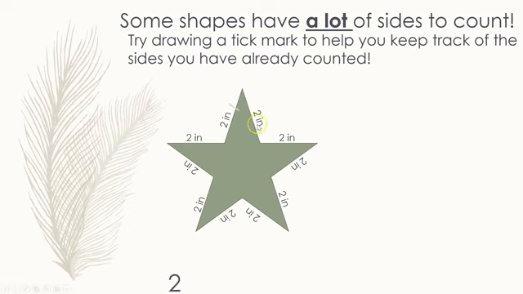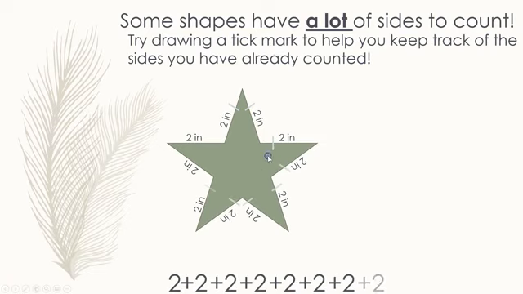I have 2 inches plus 2 inches plus 2 inches plus 2 inches plus 2 inches plus 2 inches plus 2 inches plus 2 inches plus 2 inches and a final 2 inches.